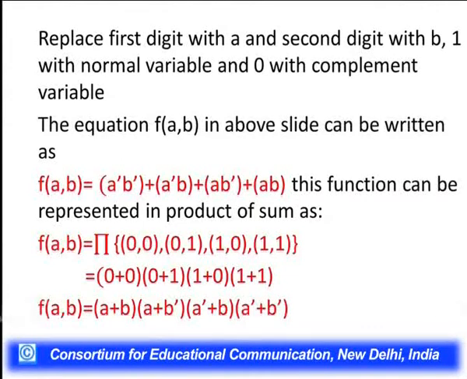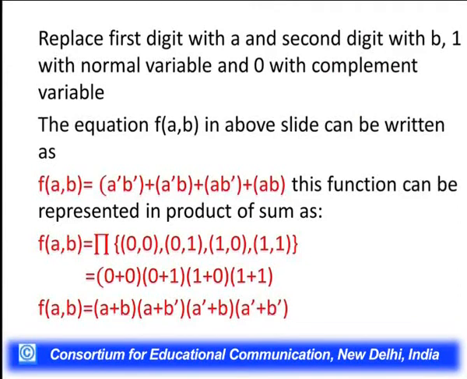The equation f(a, b) in the above slide can be written as f(a, b) equal to a dash b dash plus a dash b plus a b dash plus a b.